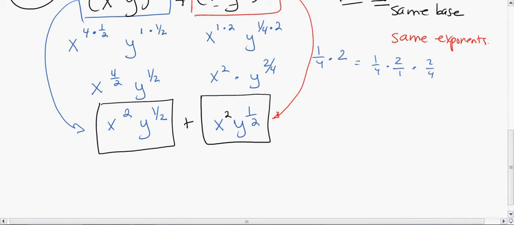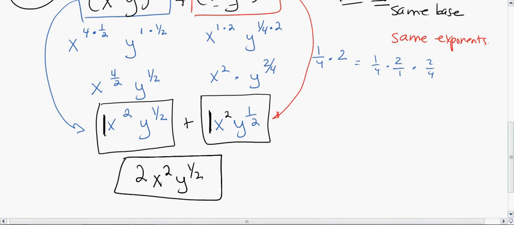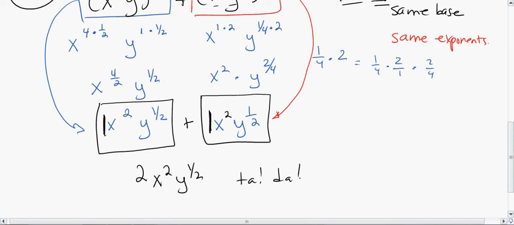When I'm adding like terms together, the bases stay the same. So x squared, y to the 1/2, that stays the same, but I have one of them over here and one of them over here, which means I have two of them all together. And here is my answer. Ta-da! My answer is 2x squared, y to the 1/2 power.